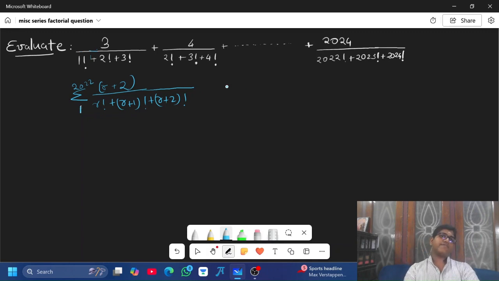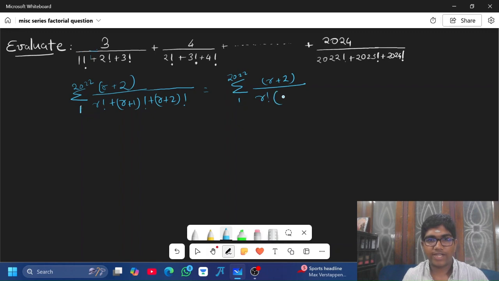Now, the first thing which comes to mind on seeing this expression is to take r factorial common from the denominator, which will simplify the denominator if I am right. Let's see. Sigma from 1 to 2022 of r plus 2 upon r factorial, taken out common, times (1 plus r plus 1 plus (r plus 1) times (r plus 2)).